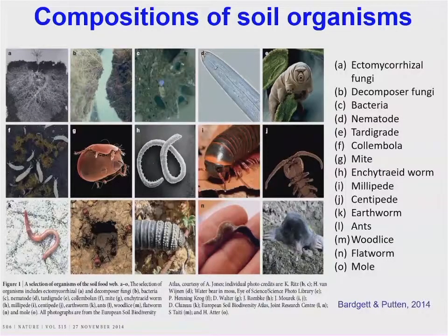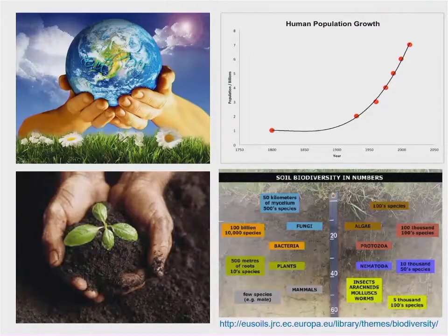And this is basically the composition of soil organisms. It includes, as you probably know, fungi, bacteria, nematodes. There are different organisms in the soil ecosystem. And this is a slide I often use. How many bacteria and fungi are in the soil?